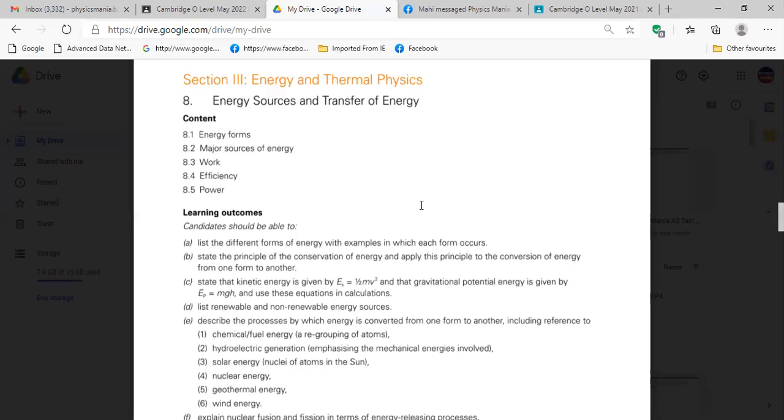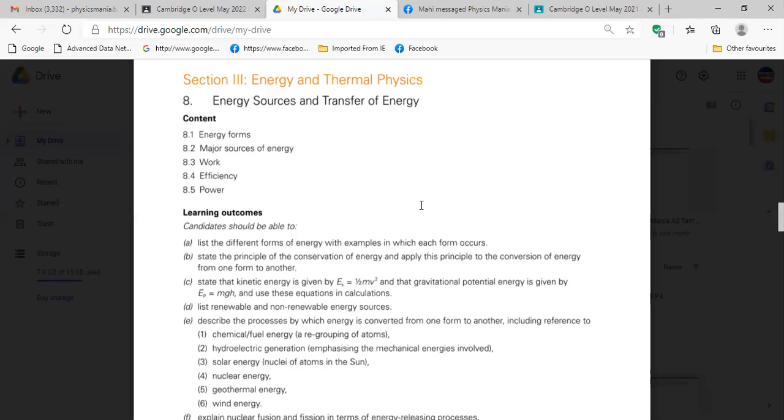So what is called non-renewable energy source? Sir, the energy which cannot be reused again and again is called non-renewable. What cannot be reused again, or we can say once it is used, it is over, right?